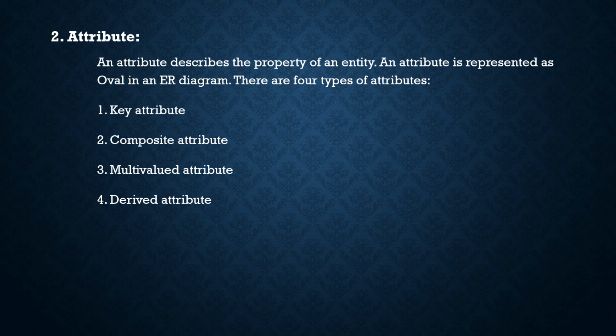An attribute describes the property of an entity. An attribute is represented as an oval or ellipse in an ER diagram.